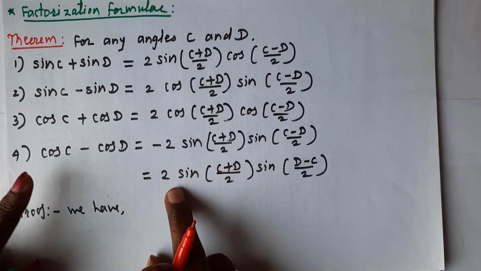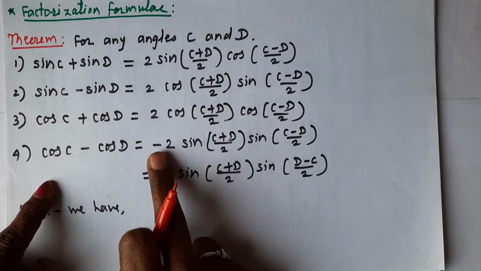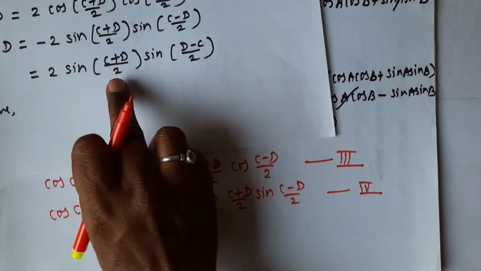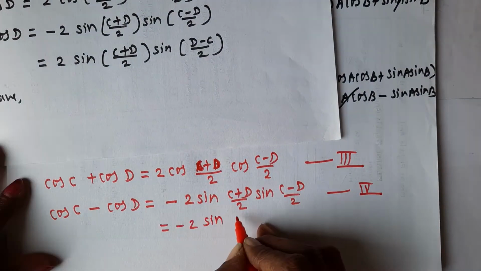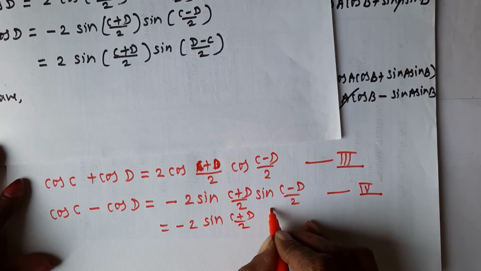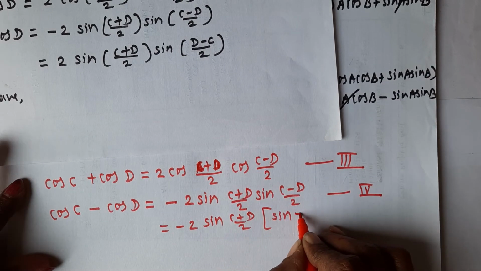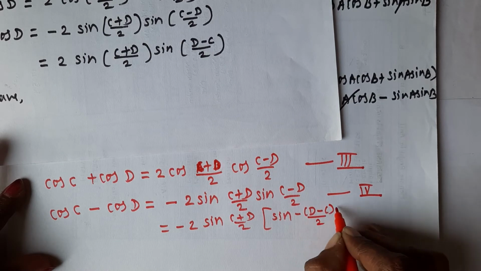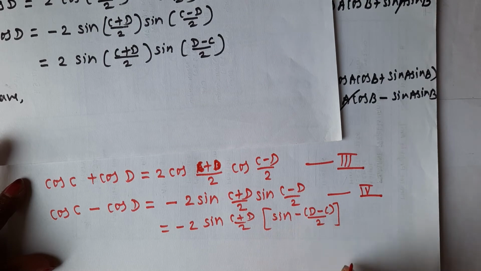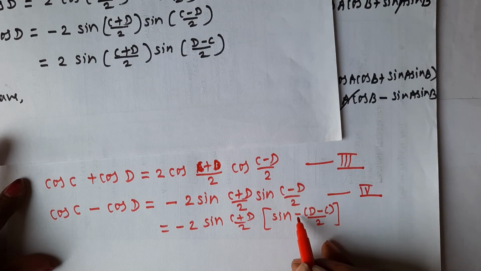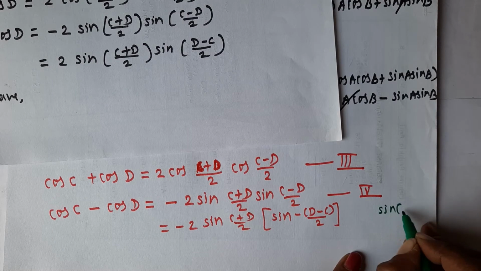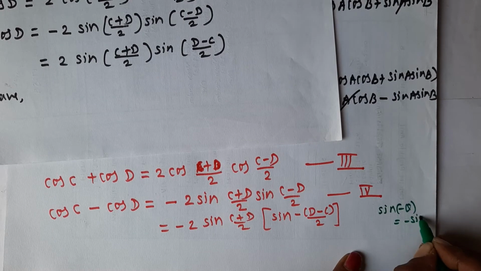But see here, for the fourth formula there are 2 forms, one with minus, the other with plus. How to derive this? To derive this one, first write the first term as it is, and from the second term, if I take the minus sign common here, this will be (D-C)/2. I am taking the minus sign common, therefore this will be minus (D minus C). Here use the formula: we know that sin(-theta) means minus sin theta.